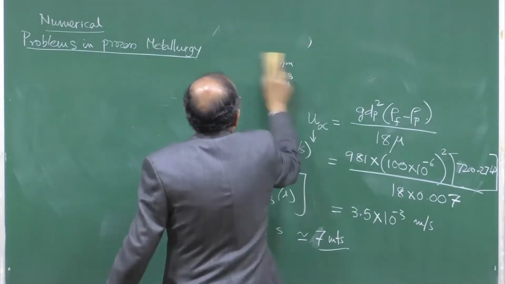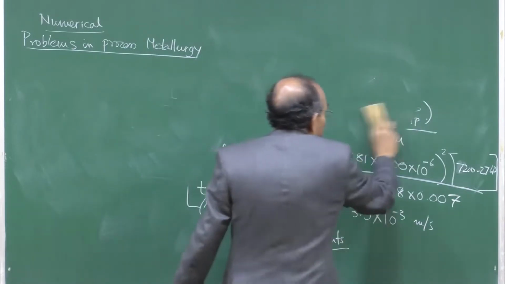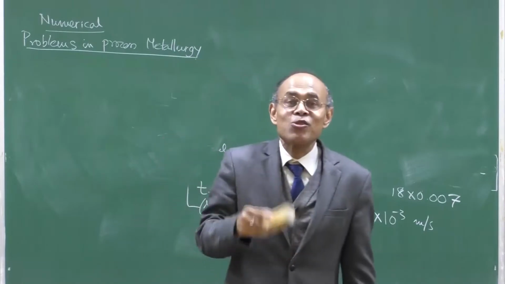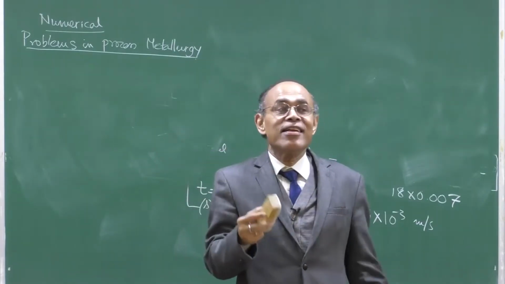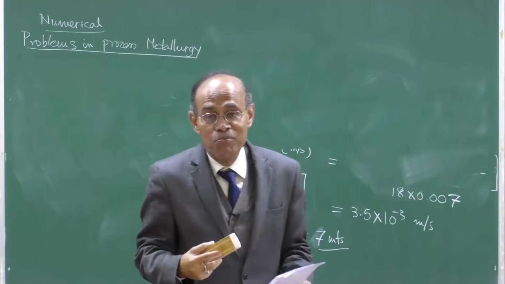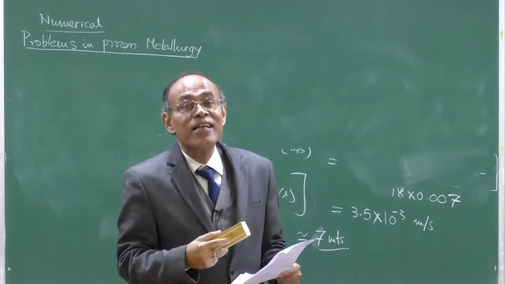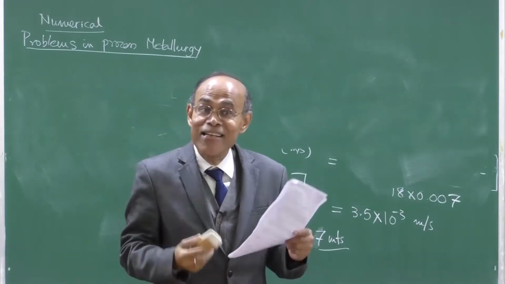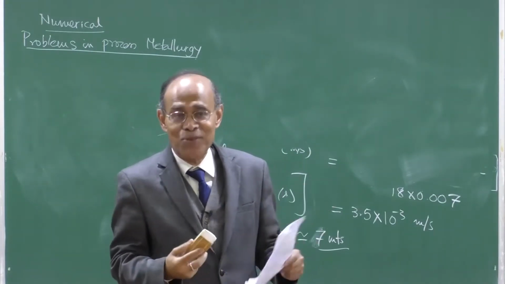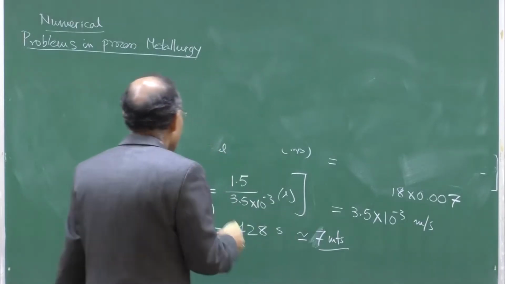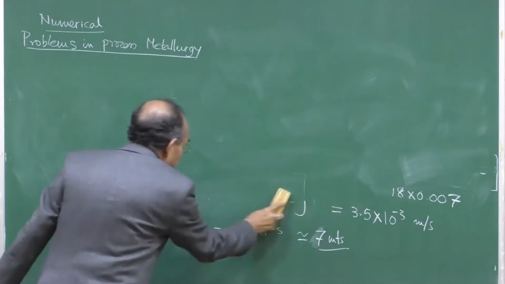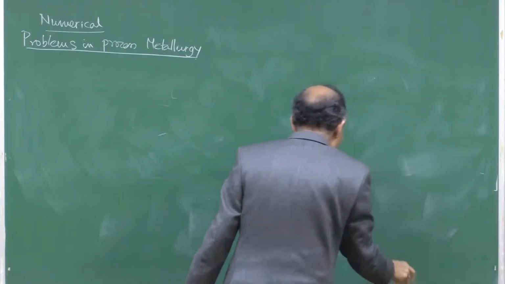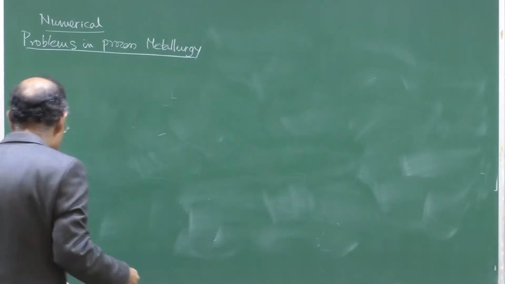I think those of you who are interested should solve problems, because unless you solve problems you do not get numbers, and unless you get numbers you do not see. Merely saying he is taller than I am is not enough, but the moment you say that he is 6 feet 10 inches and I am 4 feet 9 inches, it gives you an idea that there is a substantial difference between the two. That is how numbers help you get a clear picture of the actual scenario.